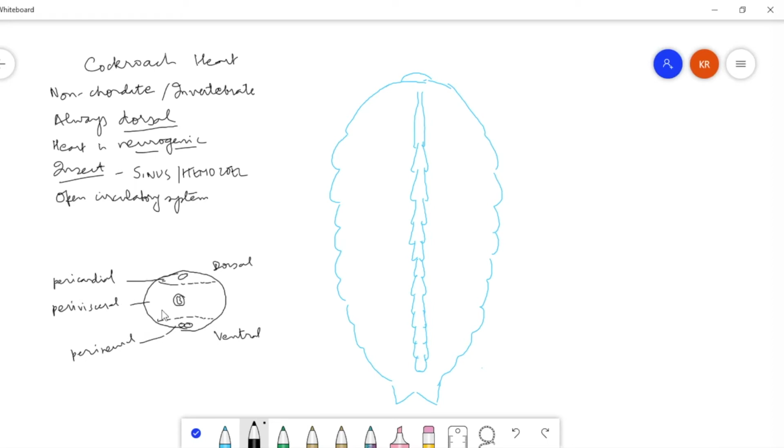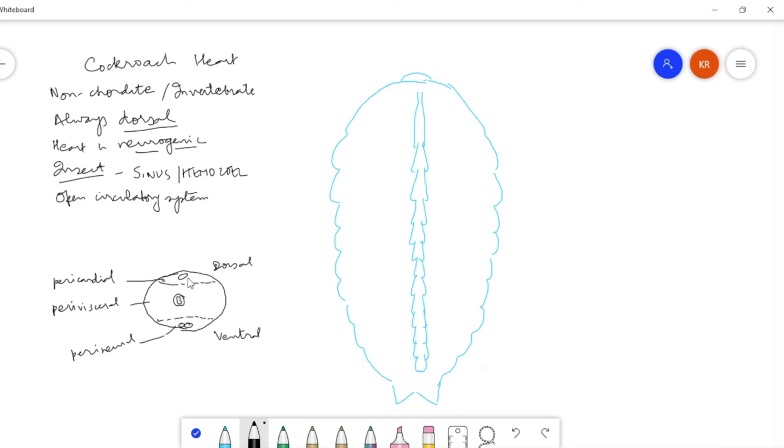So three sinuses are there, from dorsal to ventral. In the dorsal side we have pericardial sinus, in the middle we have perivisceral sinus. This is nothing but the gut, the alimentary canal in section. In the perineural section, this is the nerve cord in section. This is the perineural sinus.